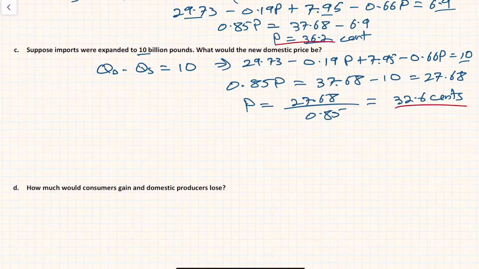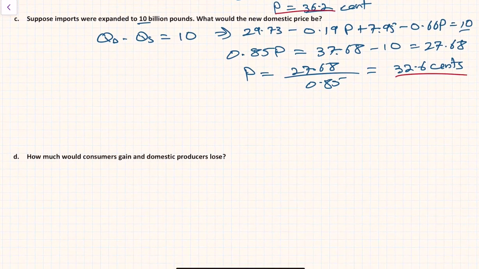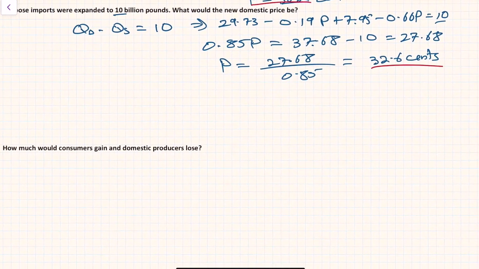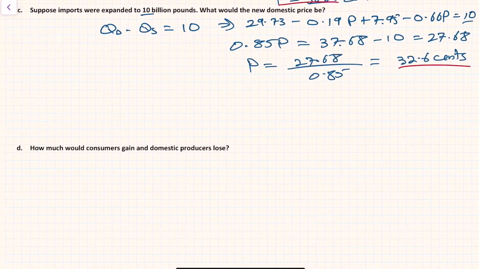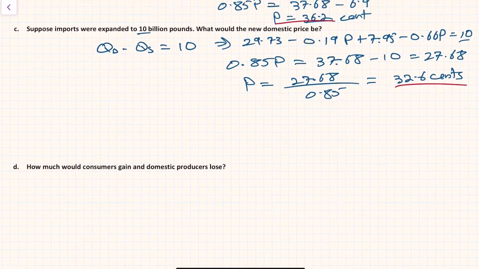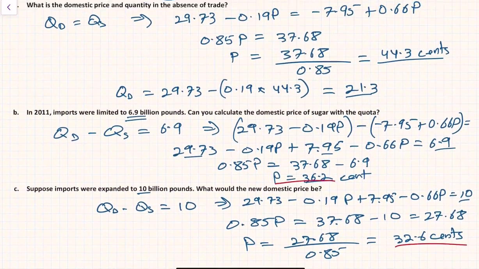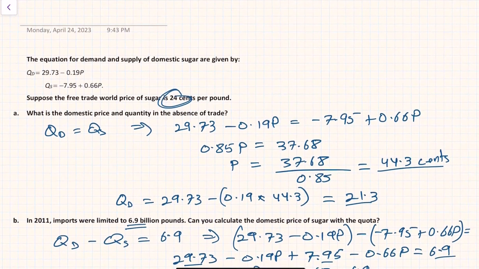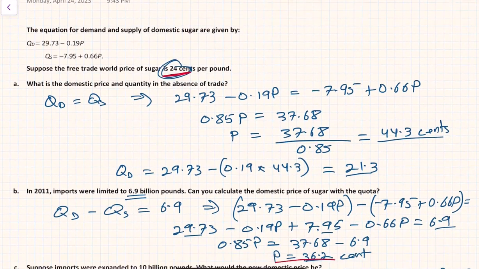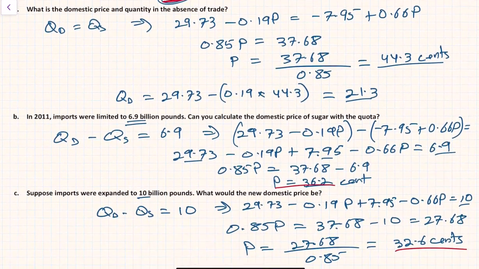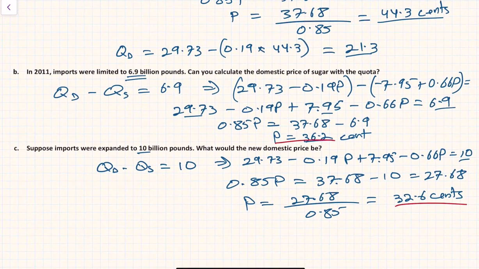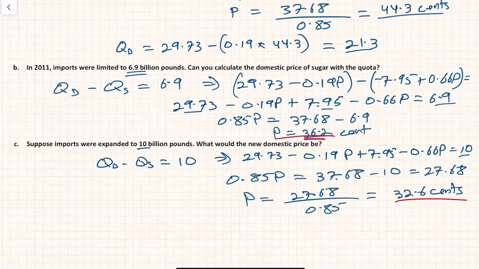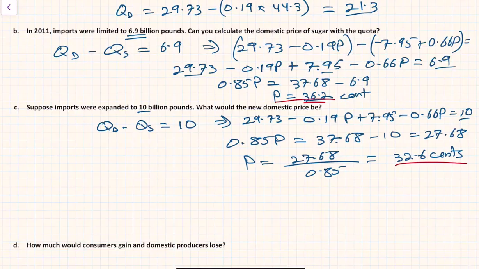We don't have to know where the demand and supply curves originate, but based on the numbers that we have, 24 cents is the free trade price, in the initial quota regime our price is 36.2, and with the new quota regime our price is 32.6. So these will give us the price points.